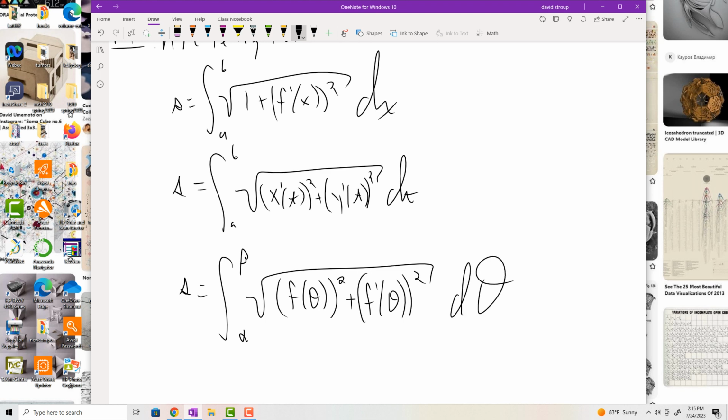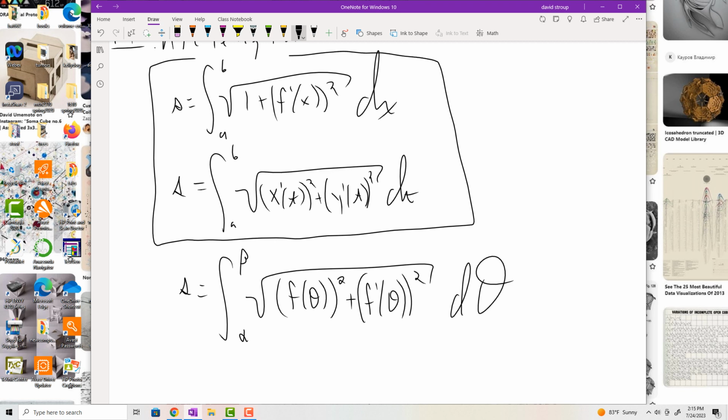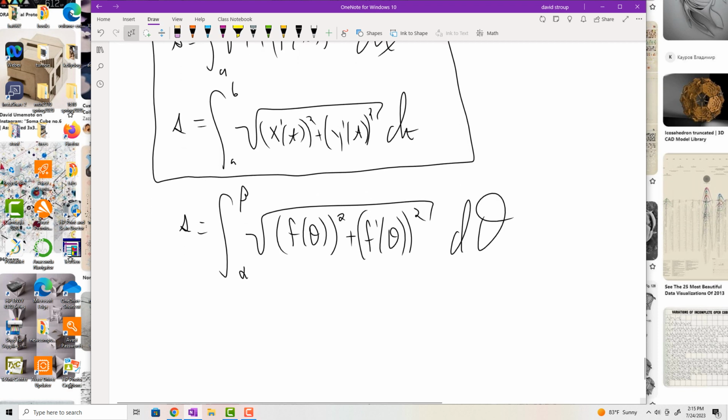At the end of the day, though, it's really only these 2 formulas you're going to need to know for Calc 3. You wouldn't need that polar form, because the polar equations you can always think of as kind of like parametric equations, and they can just use parametric formulas.